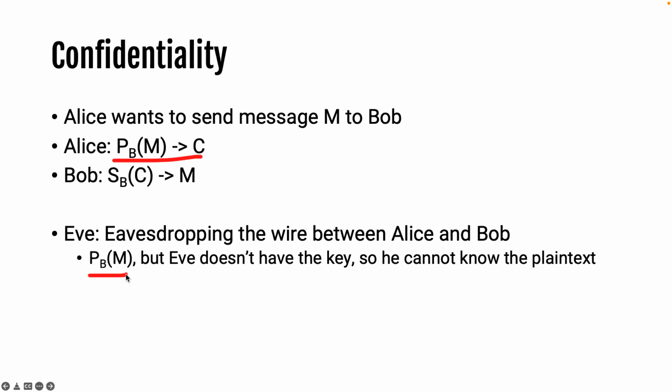So Eve knows PB of M, but Eve doesn't have Bob's secret key, which is S of B. And that's why Eve cannot know the plain text, because only Bob can decrypt it. Okay, so that guarantees confidentiality. So far, so good? Good, okay. Let me continue.